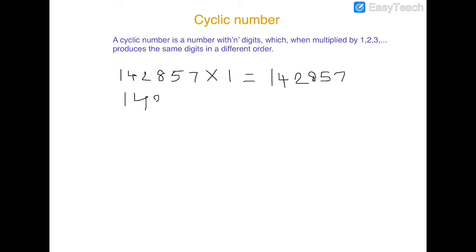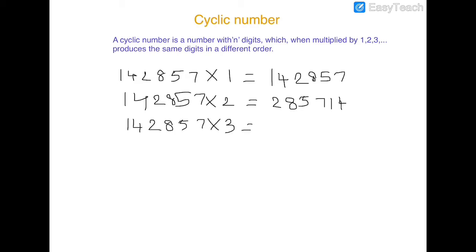If you multiply the same number with 2, you will get 285714. The same digits are repeating but in a different order. 142857 times 3 is 428571. Again, the same digits are repeating in different order.